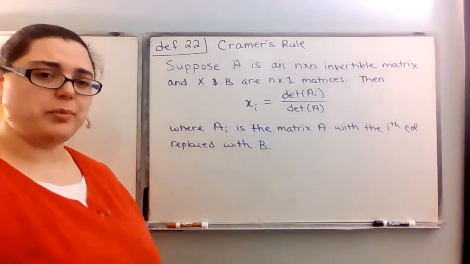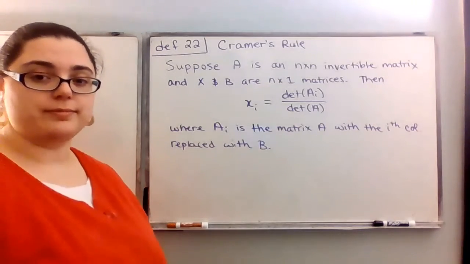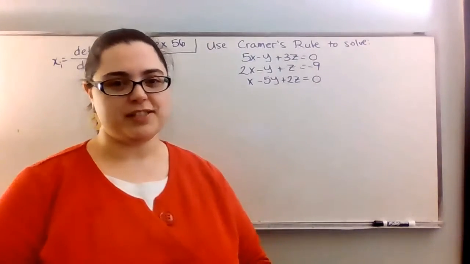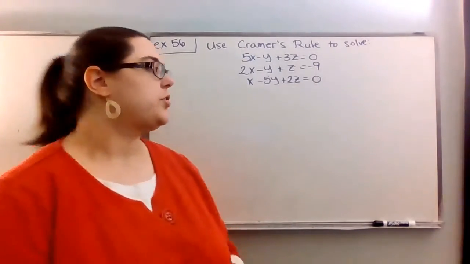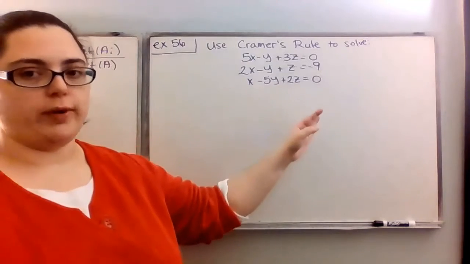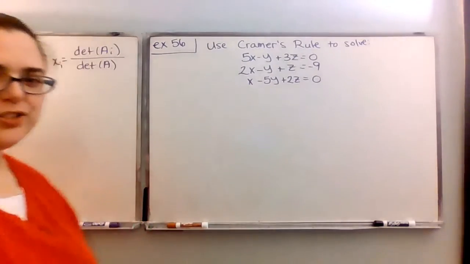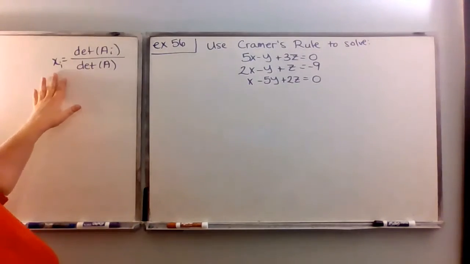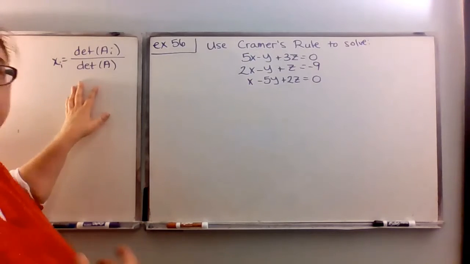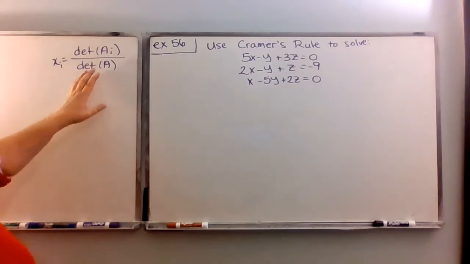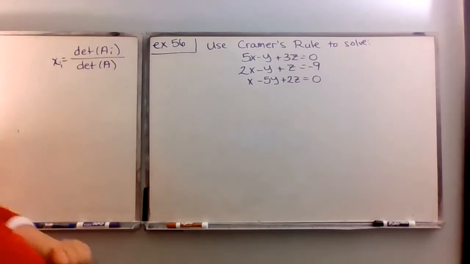So let's do an example of seeing Cramer's rule in use. So for example 56, we're going to use Cramer's rule to solve this system of equations. And just as a reminder to myself and you, I've written down what Cramer's rule formula piece was. So we're going to find the determinant of A and the determinant of A_i.